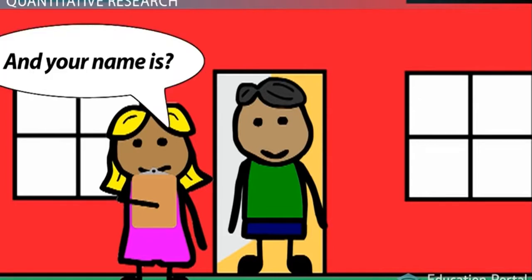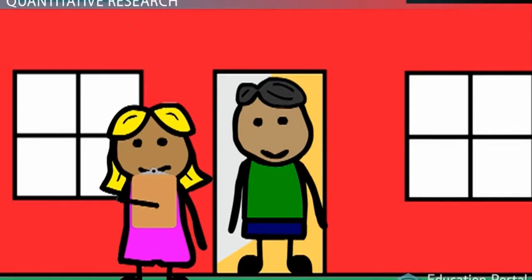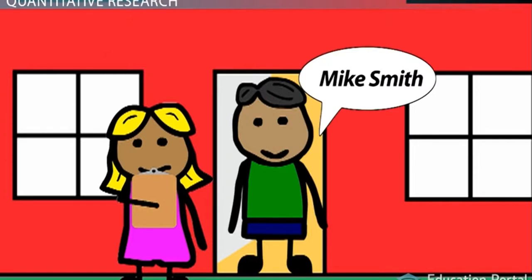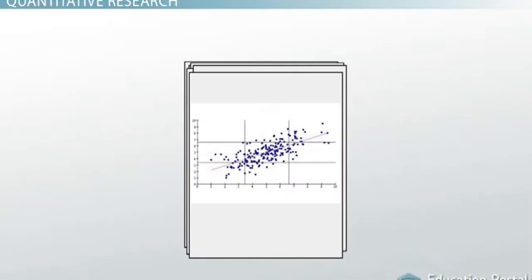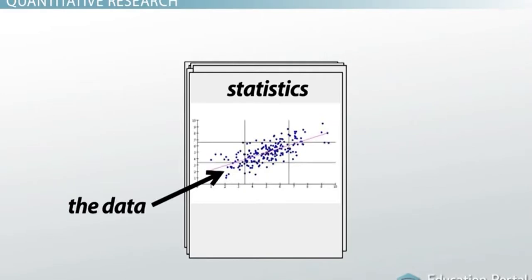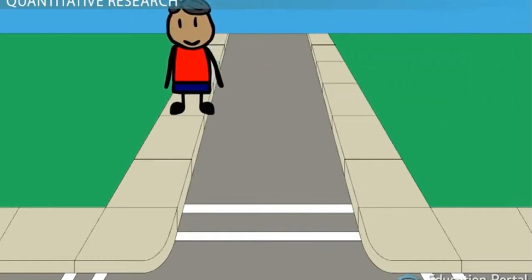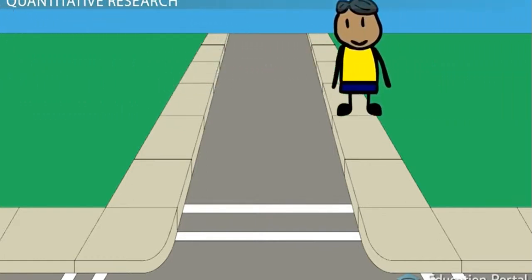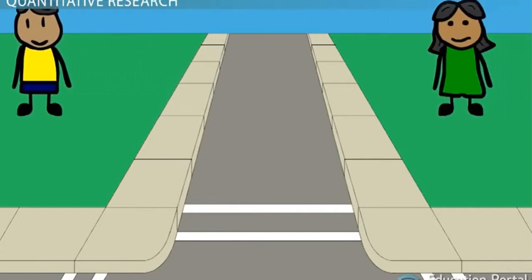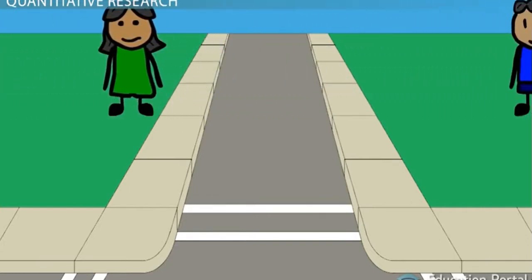This leads us into a discussion about the advantages of quantitative research. One advantage is the fact that we can use statistics to extrapolate the data collected in order to predict how people will behave in the future. For instance, let's say you not only counted the number of people who jaywalked, but also collected other information such as age and gender.